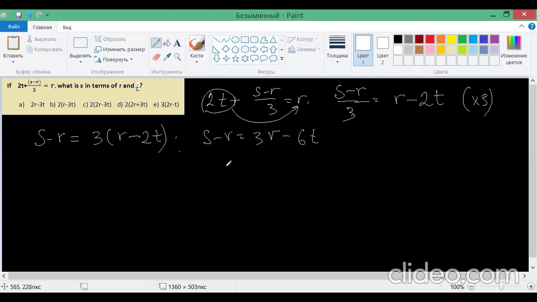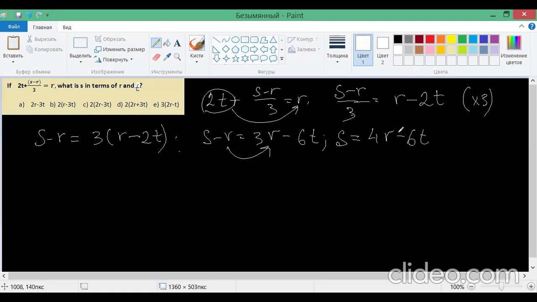Okay. In this case, I don't need s minus r, I need s only. For that reason, I put r to the right part, and I will change its sign. On the left side is negative, but in the right it will be positive, and I will get 3 times r plus r, which will be 4 times r. So s is equal to 4 times r minus 6 times t.